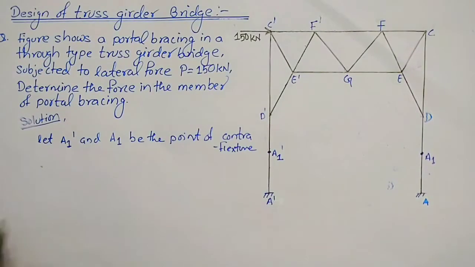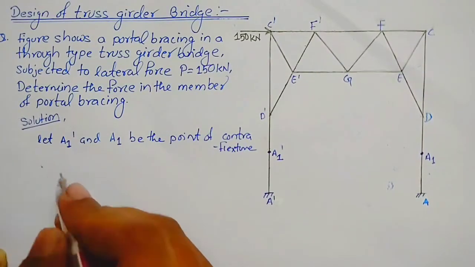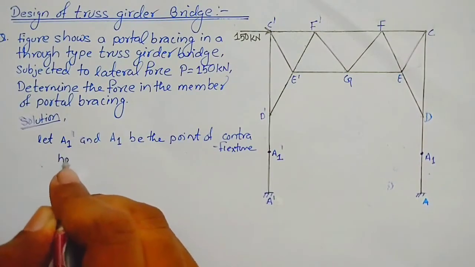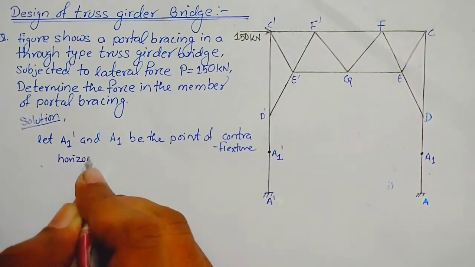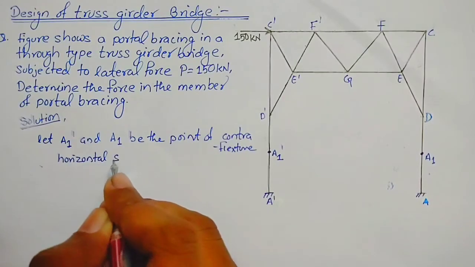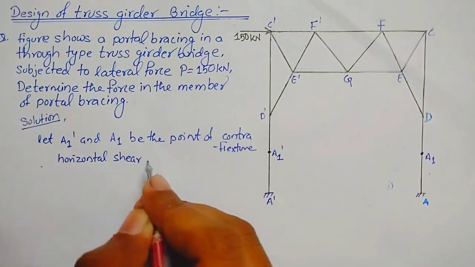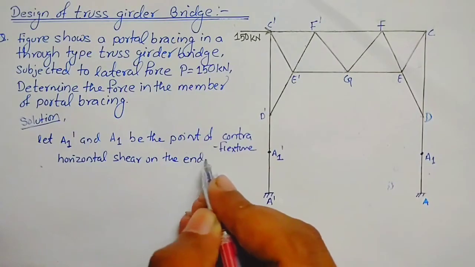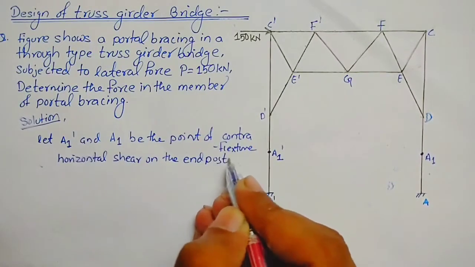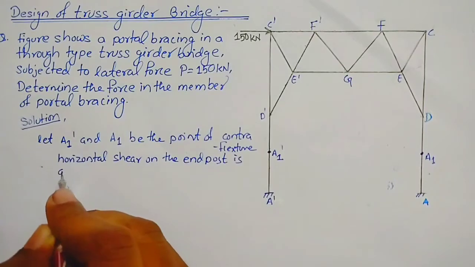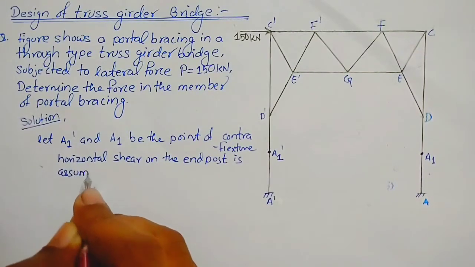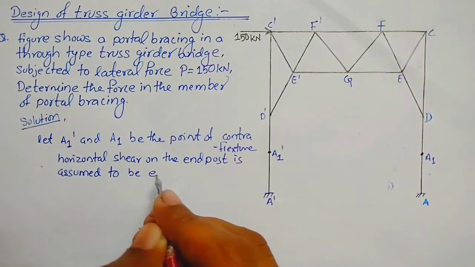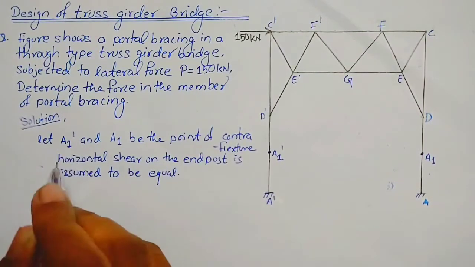And the second assumption is horizontal shear on the end post is assumed to be equal.